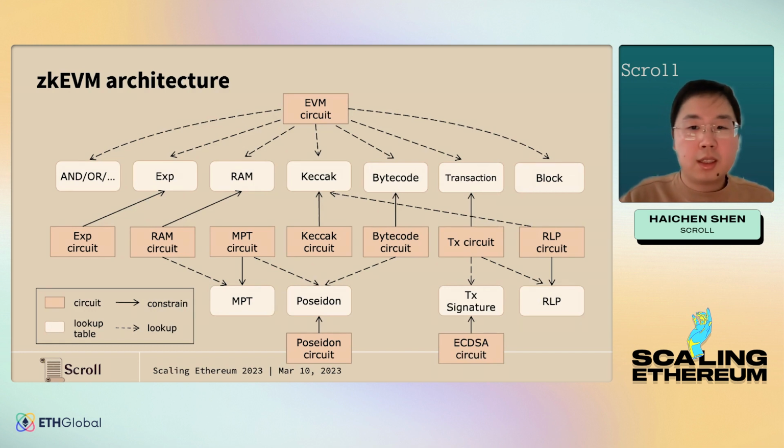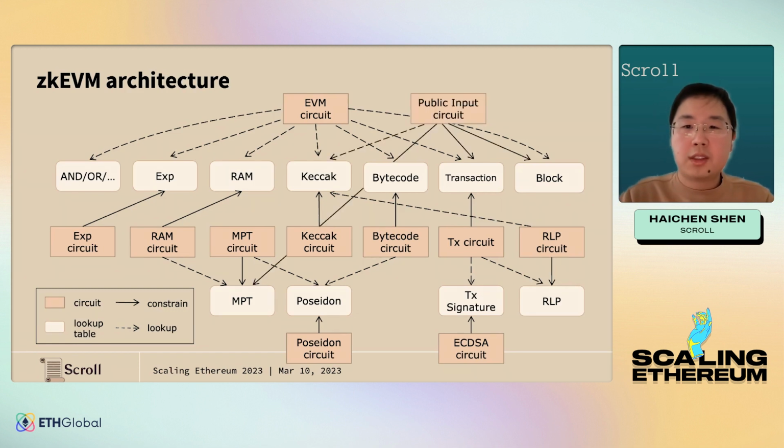Then there will be RLP encoding for the transaction, with an RLP lookup table and RLP circuit. And finally, you will introduce a public input circuit that connects the public input data uploaded with the rollup, and constrains that certain data is correctly calculated in the whole zkEVM circuit.